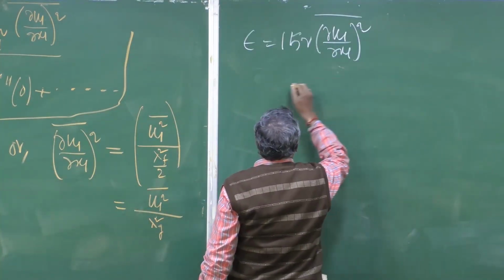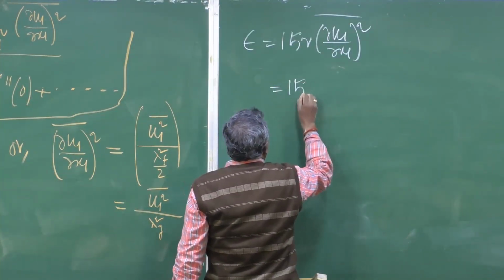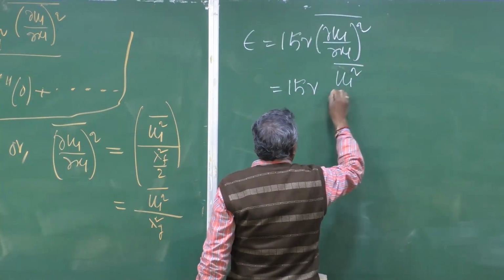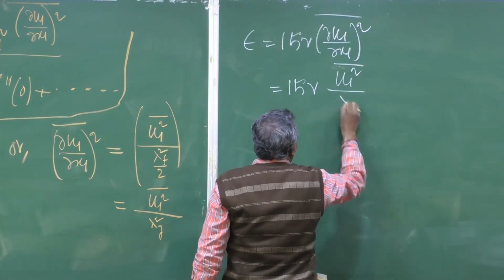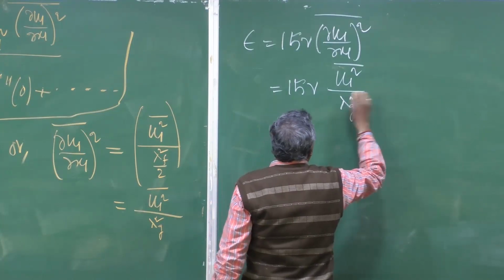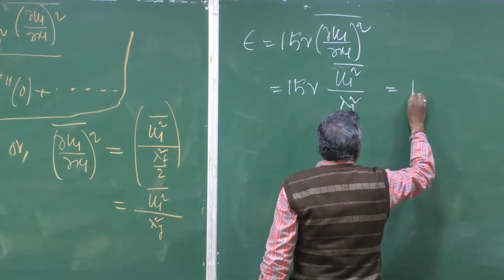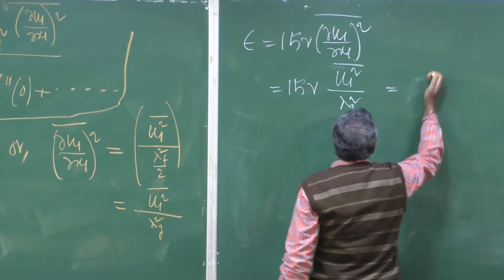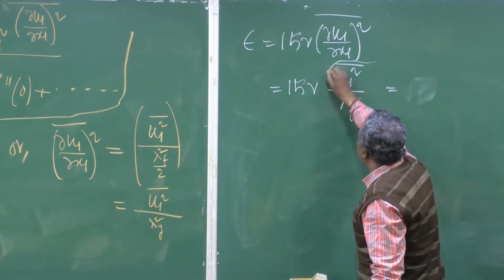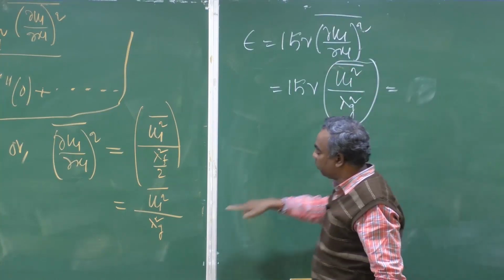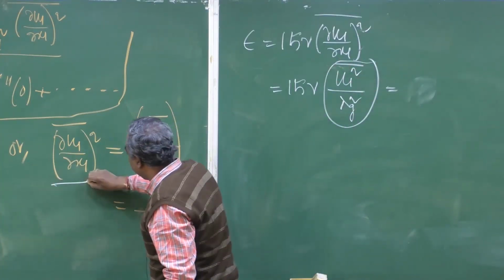Now, this we wrote as u1 square bar by lambda g square; u1, u2, u3 all are equal in an isotropic turbulent flow. So, this relation is equal to this, that is what we have got here.